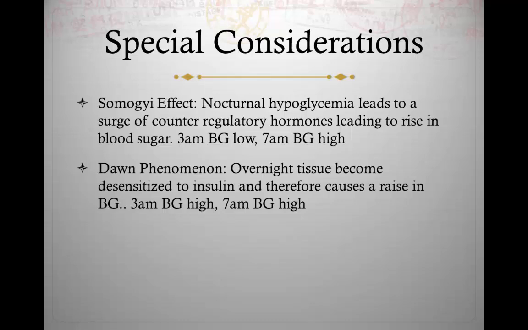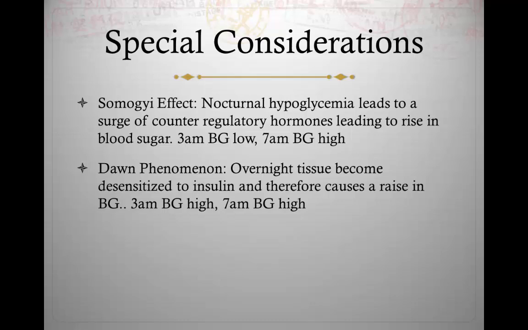in the morning. So what you should do in these patients is check a blood glucose at 3 o'clock in the morning, and if the glucose is low, that's the reason why they're getting hyperglycemic in the morning. And what you should do is to treat this patient, reduce the long-acting dose before going to bed. And the Dawn phenomenon is a little bit backwards.